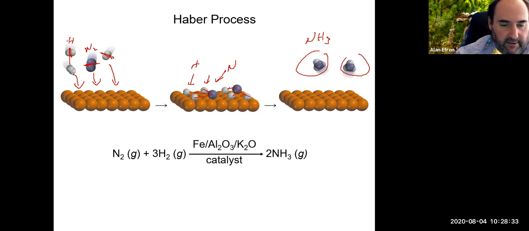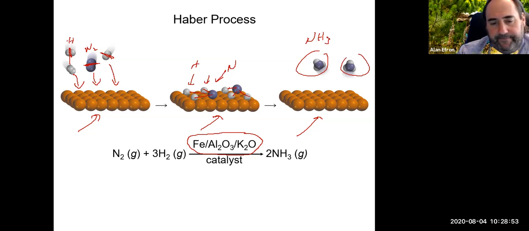And you can see here, these are all the catalysts here: iron, sometimes aluminum oxide, potassium oxide are used. And you can also see that the catalyst here is pretty much unchanged in this particular reaction. It's still there at the beginning, it's still there at the end, not used up, again, not considered a reactant nor a product.